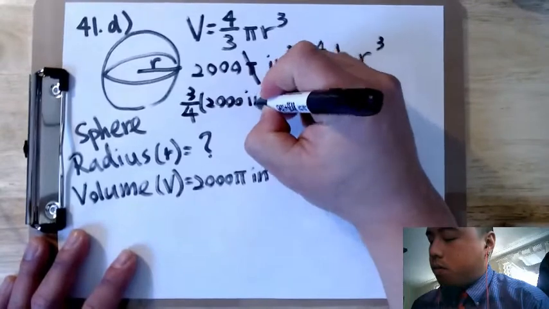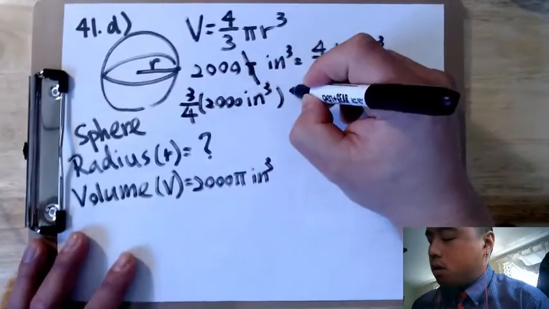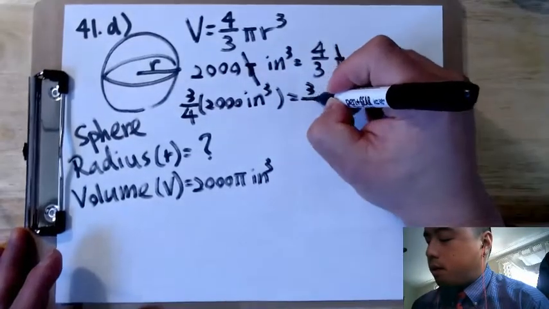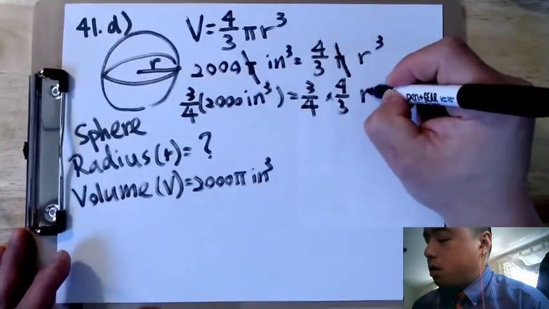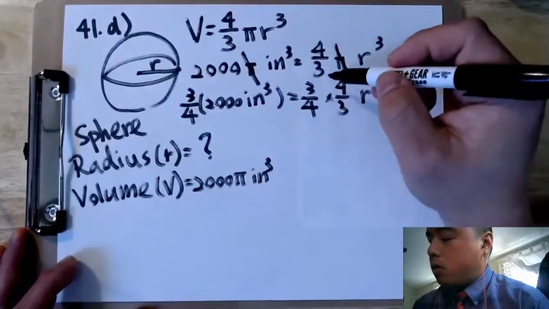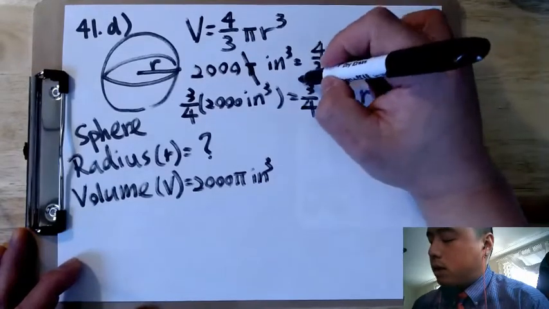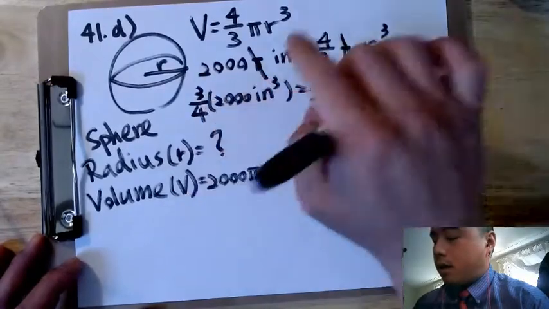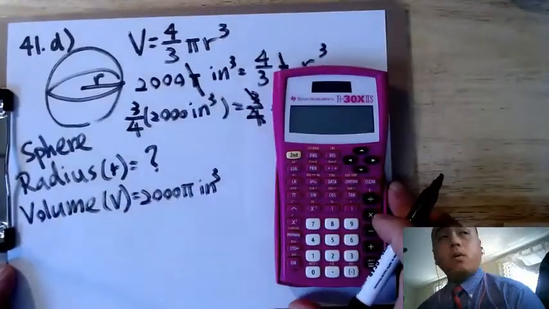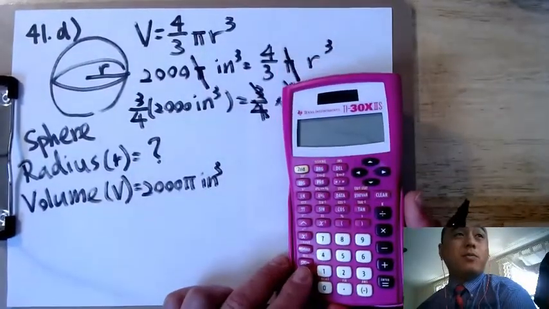2,000 cubic inches is equal to, let's multiply on both sides. So 3/4 multiplied by 4/3, they cancel out to be 1. And again, this is about you using your resource, right?